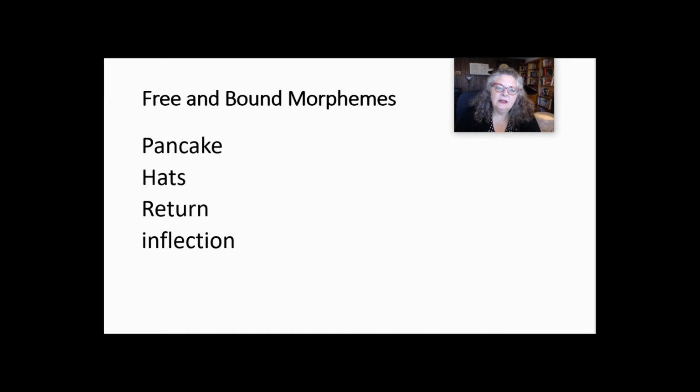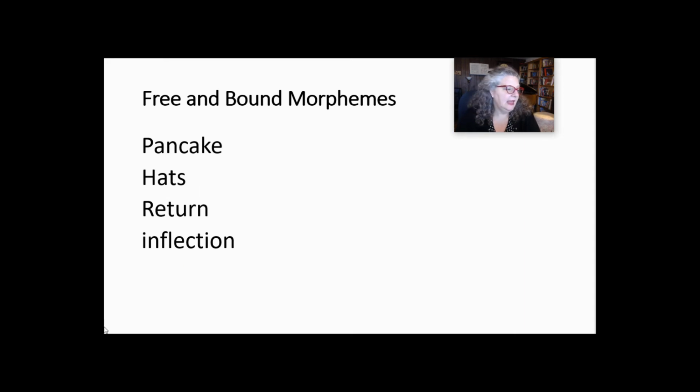So we need a way to think about the meaningful chunks in words, not just the sound chunks. And the way we describe these is we say any meaningful chunk is a morpheme. So in the word pancake, we have two meaningful chunks, pan and cake. In the word hats, how many morphemes do we have? Well, we have hat, and we have the s at the end of the word means more than one, so we have two meaningful chunks. In the word return, how many morphemes do we have?